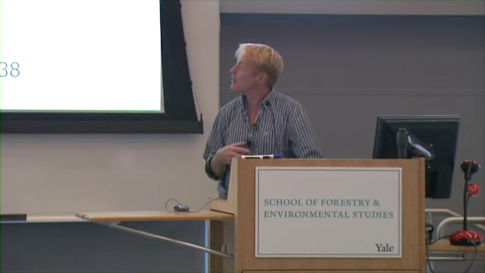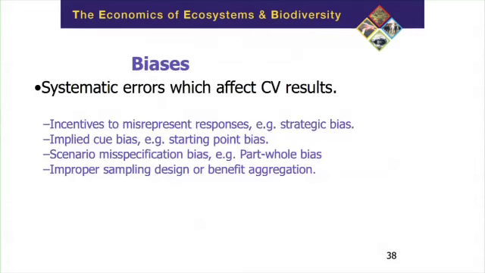In terms of biases, a question earlier, I said what things might bias results. There's what's called incentives to misrepresent responses, so strategic bias. If I really want biodiversity to happen in Yale Forest, I might state that I'm willing to pay much more than I really would. So the people are acting strategically to try and make this happen.